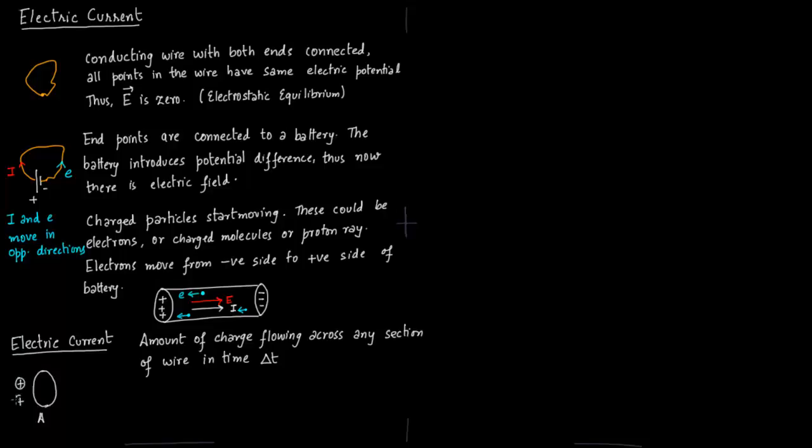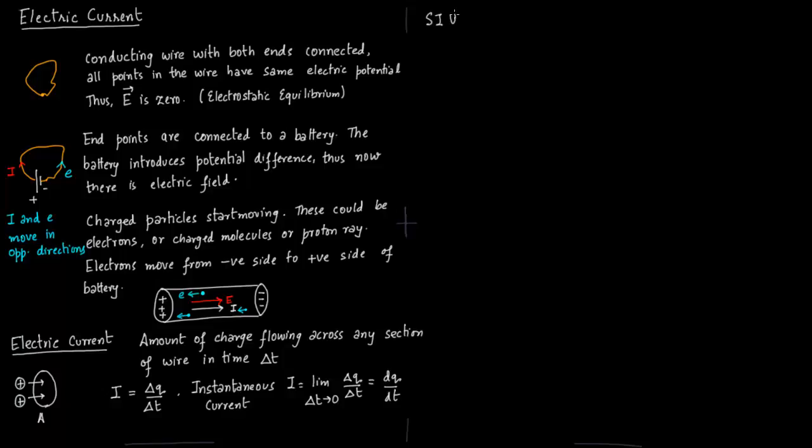So we have a cross section A and there is a positive charge. This positive charge is going through this cross section. So the current is given as delta Q over delta T, charge over time. Instantaneous current is, you put the limit delta T goes to 0, and this becomes dQ by dt.